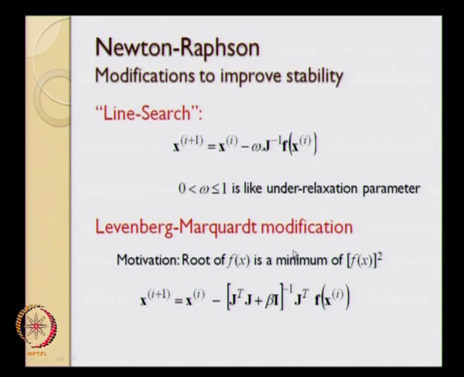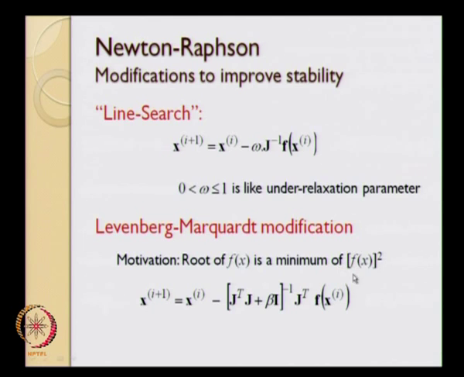And then finally we also looked at a Levenberg-Marquardt modification to the Newton-Raphson's method. Technically speaking, the LM method actually really comes in the optimization and finding out essentially a least square minimization. If you do not understand the terms, do not worry about it. The motivation behind this is that the roots of the function f of x are nothing but the minima of f square of x.